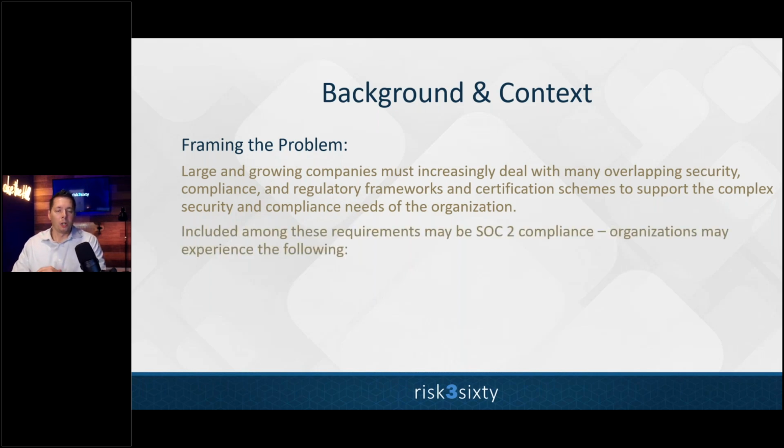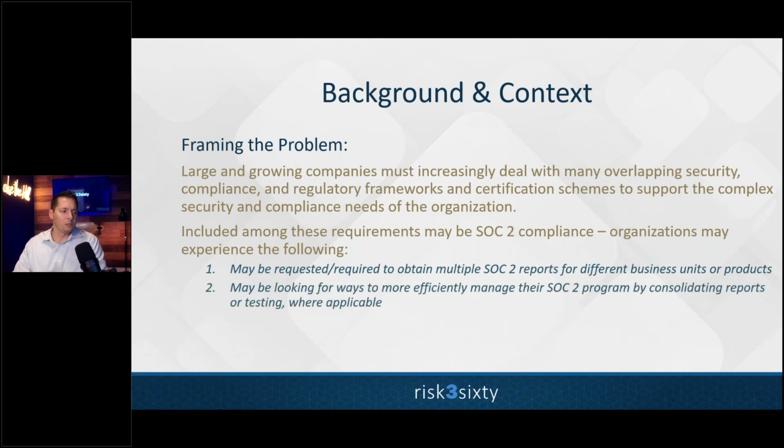So we're going to talk a little bit about how to manage that at scale and how to think about some ways to reduce the complexity and ultimately make a SOC 2 program more efficient for the team. These are a few attributes that organizations in that category might be facing. They might need to get multiple SOC 2 reports for different reasons.